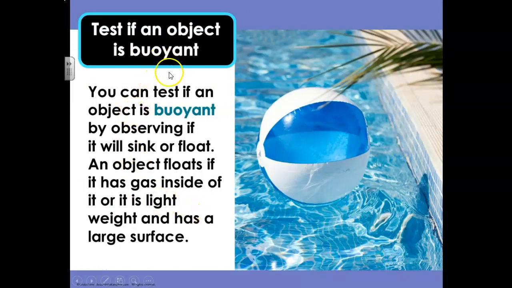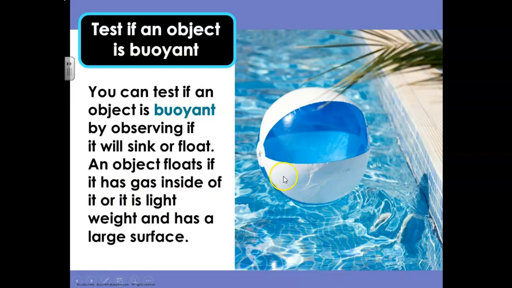All right, you can test an object to see if it is buoyant. You can test if an object is buoyant by observing if it will sink or float. An object floats if it has gas inside of it or if it is lightweight and has a large surface. All right, so guys, will this ball sink or float?